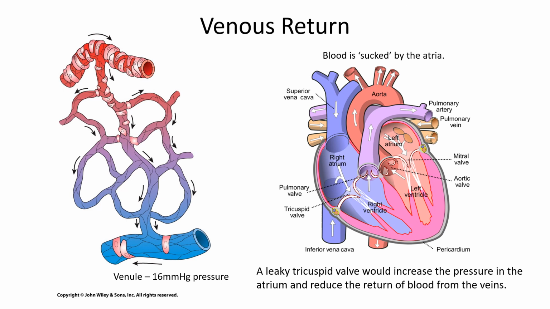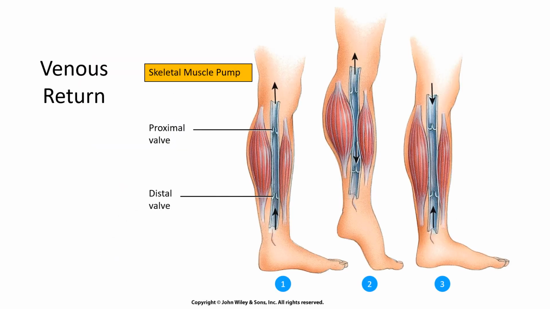The blood that's returning back to the heart is helped along by contractions of skeletal muscle, which we'll talk about now. Some of the major blood vessels of the body, especially in the legs, are found between powerful skeletal muscles. When you move around and flex those muscles, they squeeze on these veins and they push blood back towards the heart.